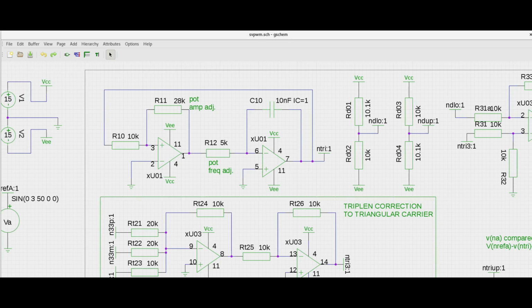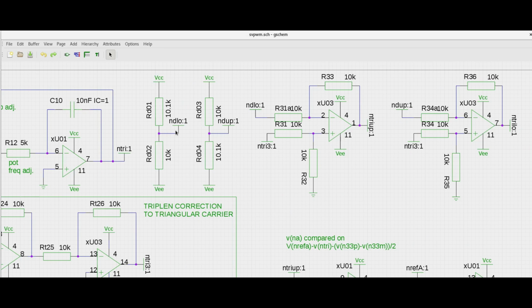Next, what I do is I am introducing this offset shift. I am using this triangle and adding. Let us say there is a resistor divider network here, and another resistor divider network here. I am making the attenuation point not 10K, 10K.